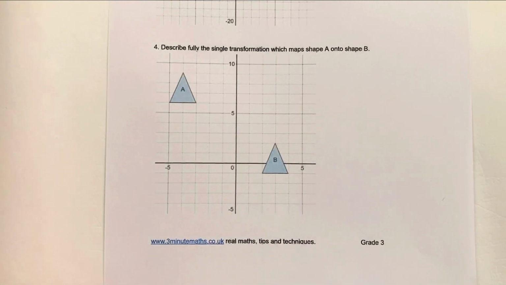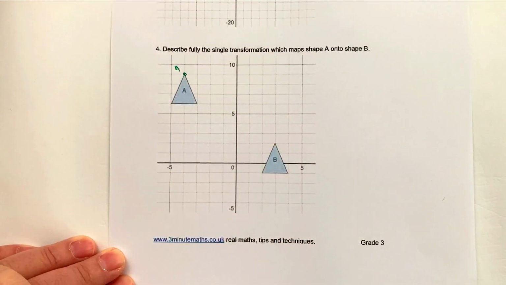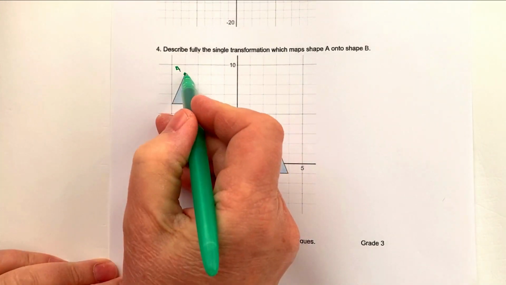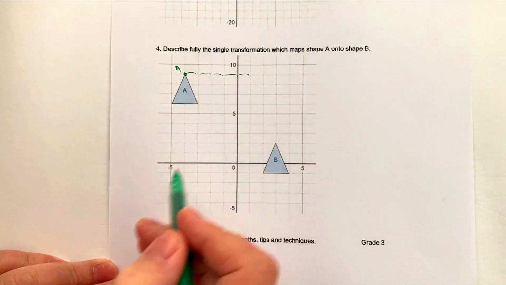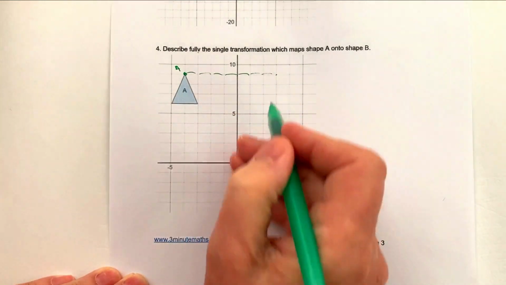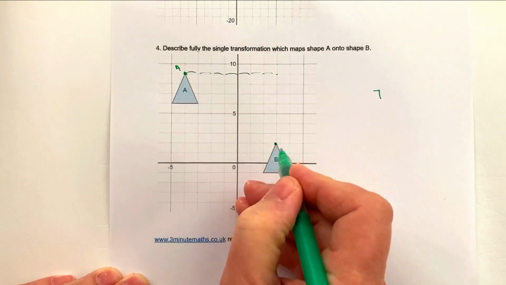So I'm just going to choose arbitrarily one of the points. I'm going to call that A. Now, the grid itself is a little bit friendly on this one because it's only 1 unit per jump. So I've got 1, 2, 3, 4, 5, 6, 7. Yeah, that's right. So it's going to move 7 in the positive direction, and then we're going to go 7, I think, down.